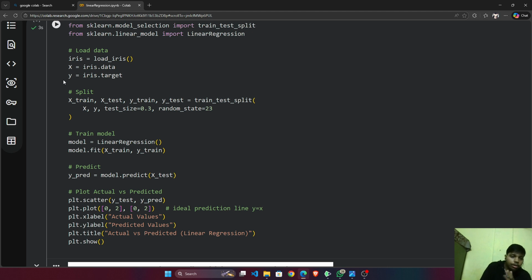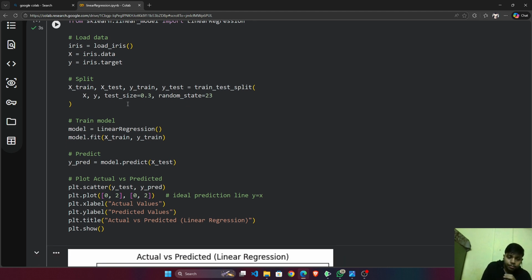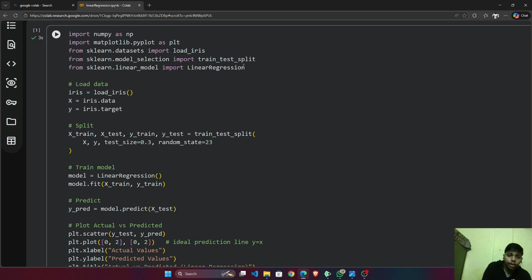Then the data and the target are split. This x is split into x_train and x_test, and y is split into y_train and y_test using train_test_split that we have imported.